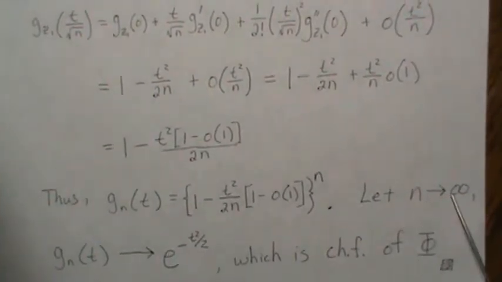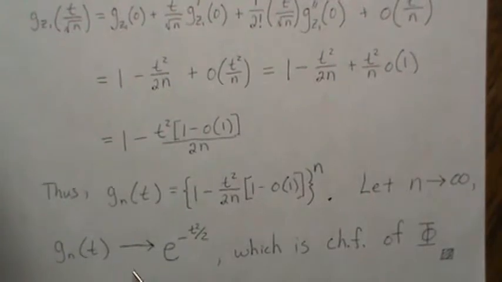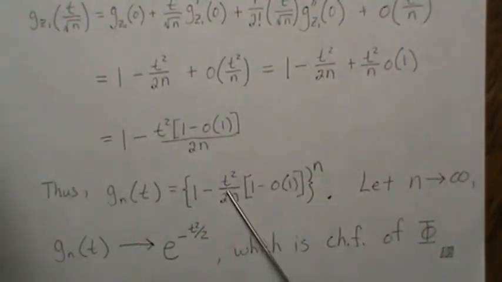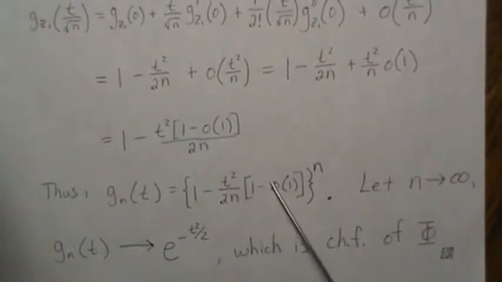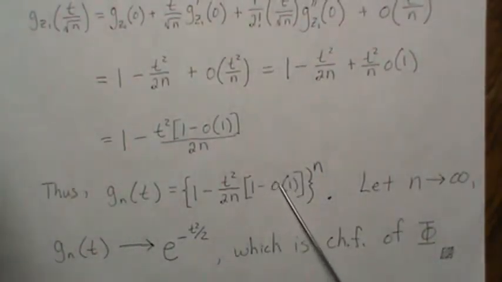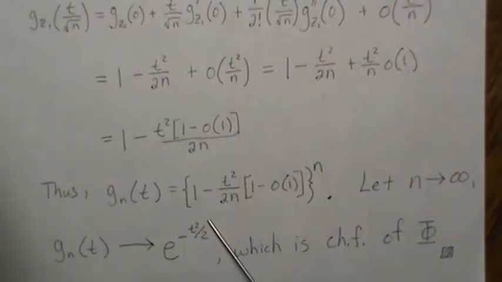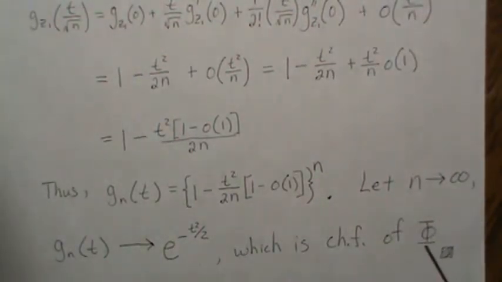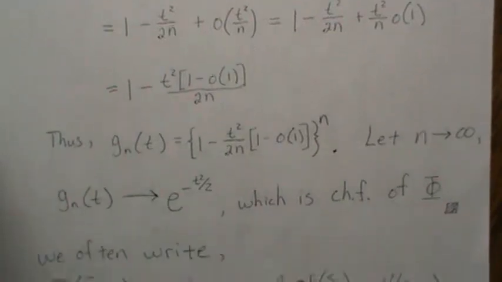If we let n go to infinity, the 2 can be thought of as the square, and this goes up there too, but this goes from 1 and this is 0, so it's just 1, and we're left with t squared over 2. And this is the characteristic function for a standard normal random variable. So the characteristic function converges, which says that the distributions converge, which proves the theorem.